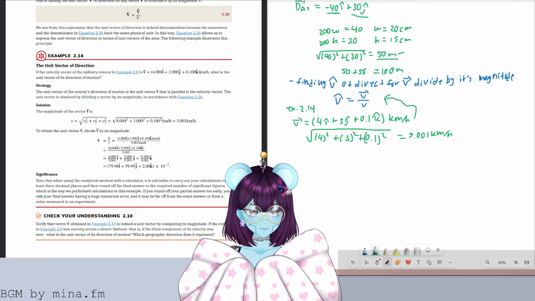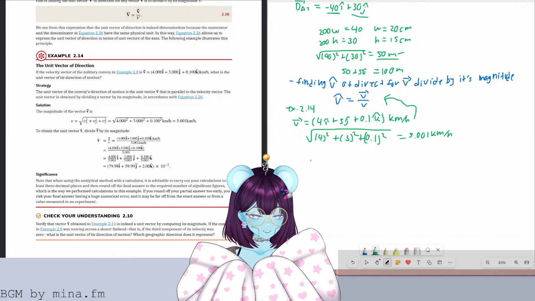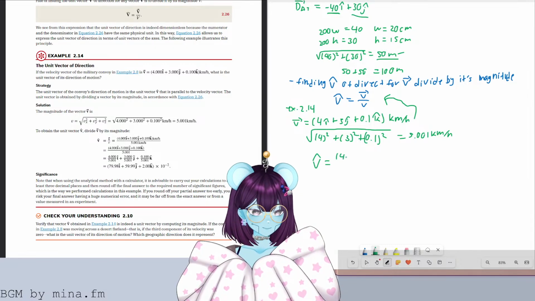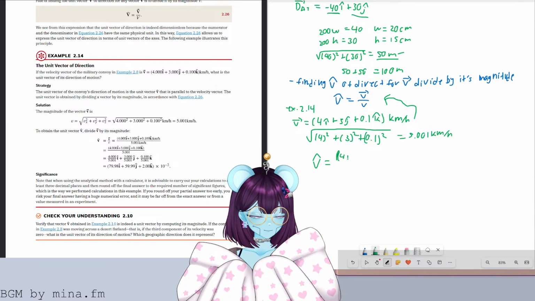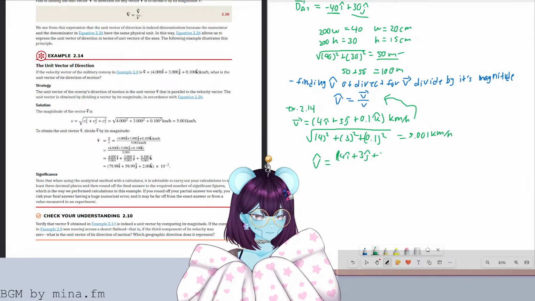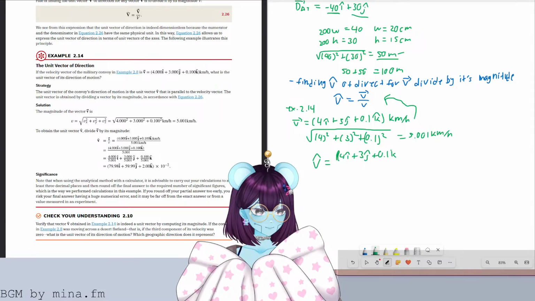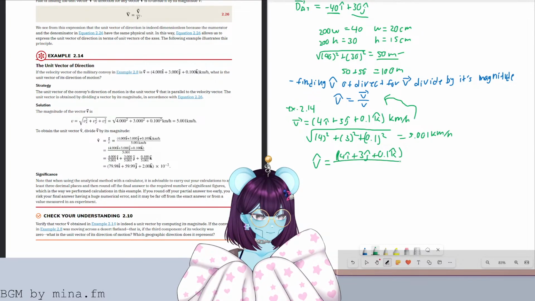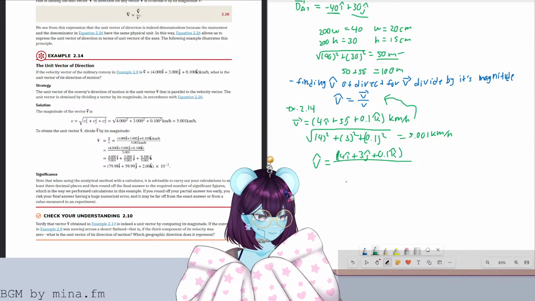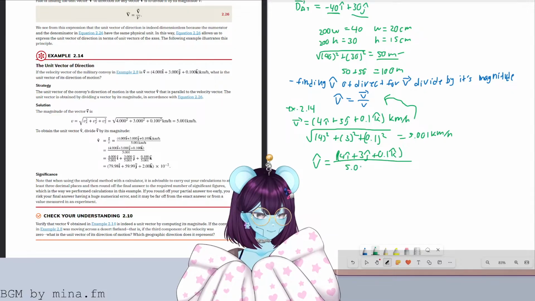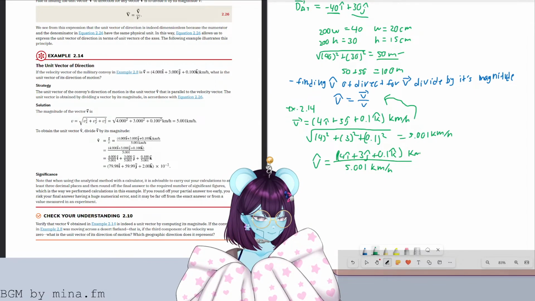Okay, and then we take the whole vector, so the 4i plus 3j plus 0.1k over our magnitude that we just found out. So we get 5.001 km over, oh, don't forget the units, which I did.